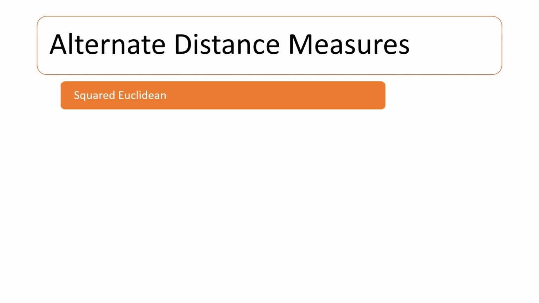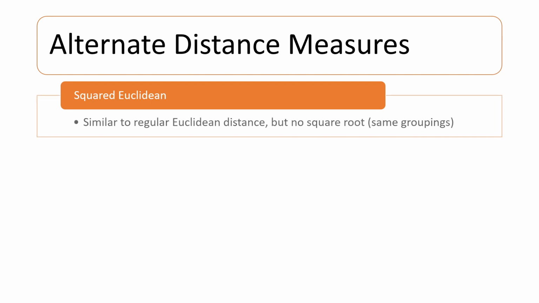We'll talk about three alternate options, the first of which is squared Euclidean. So we have the regular Euclidean distance formula, that is the square root of a squared plus b squared, when we find the actual distance between the two dots. But if we square the Euclidean distance formula, we don't have to include that square root component.